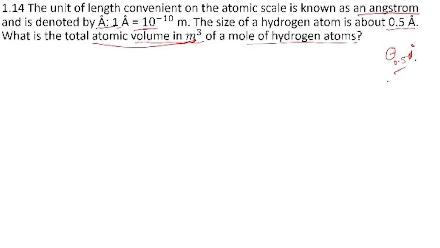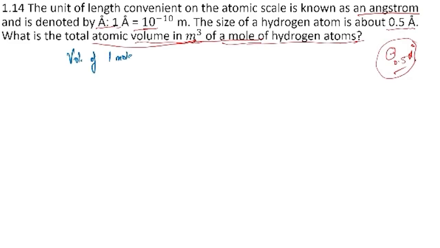So the atomic volume of a mole of hydrogen atoms would be the volume contained by atoms as an individual quantity of a mole. So we know that a mole is represented by Avogadro's number. So we will have to multiply the volume of one hydrogen atom by Avogadro's number to get the atomic volume of 1 mole of hydrogen atoms. So we need to find that.